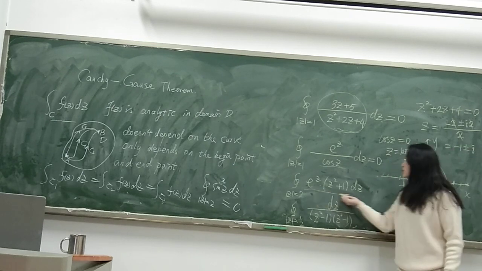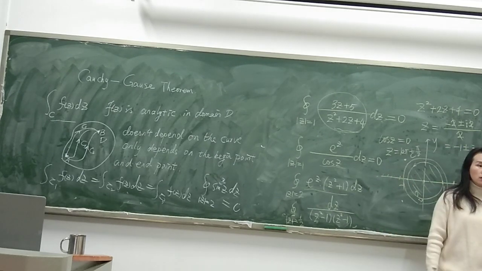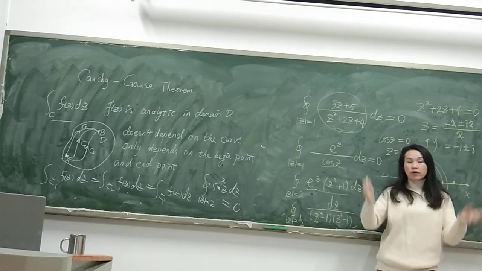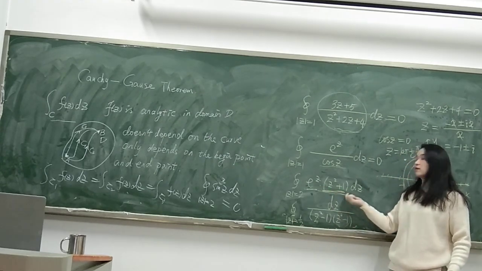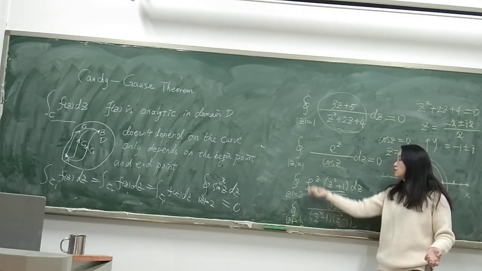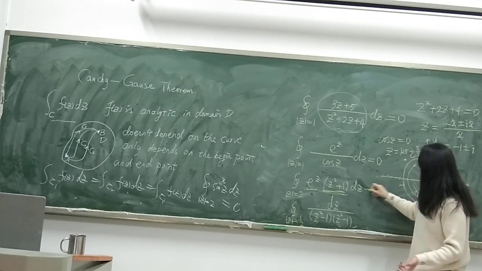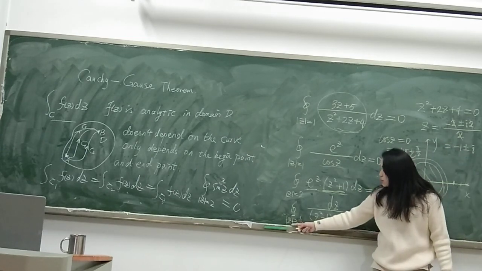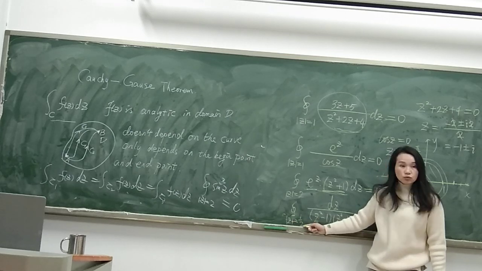This one is analytic everywhere. Yes or no? This one is analytic everywhere. So when they are multiplied, it is also analytic everywhere. So 0. This one is the same. This is the modulus of z is 1/2.